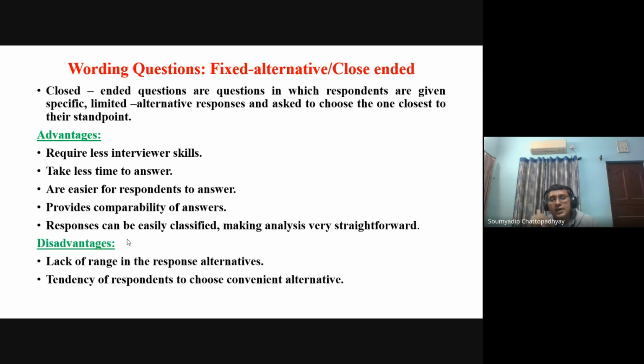However, there are certain disadvantages of this fixed or alternative or close-ended question.